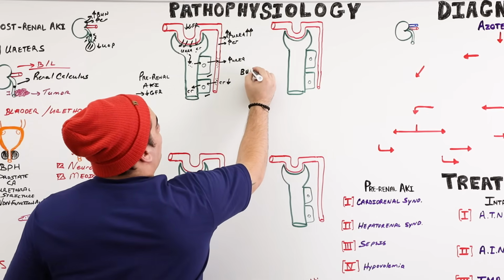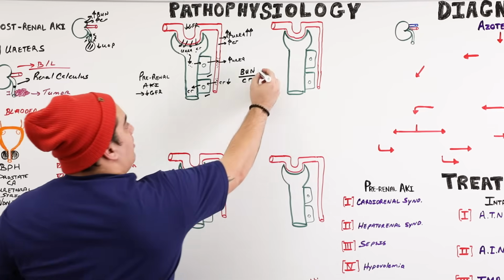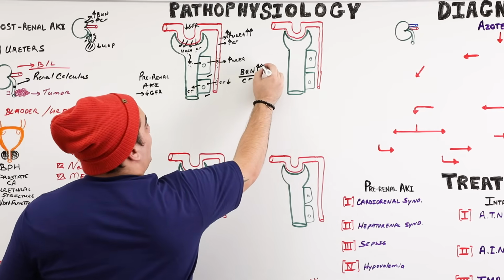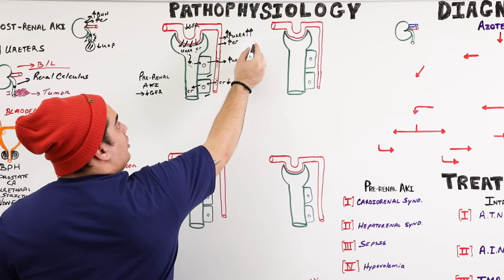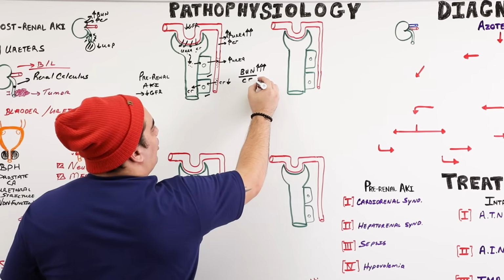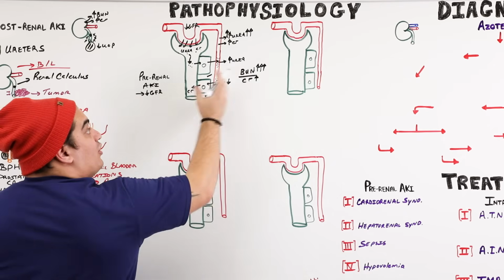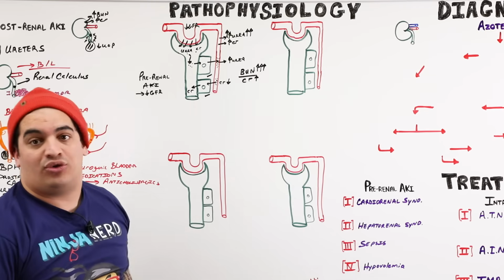So the BUN over the creatinine, and you look at that ratio, the BUN is super high, because you're reabsorbing urea and you're having less filtration of urea. The creatinine, though, is just a little bit high because you have less of it being filtered, but you're actually secreting it because you have functional tubular cells.